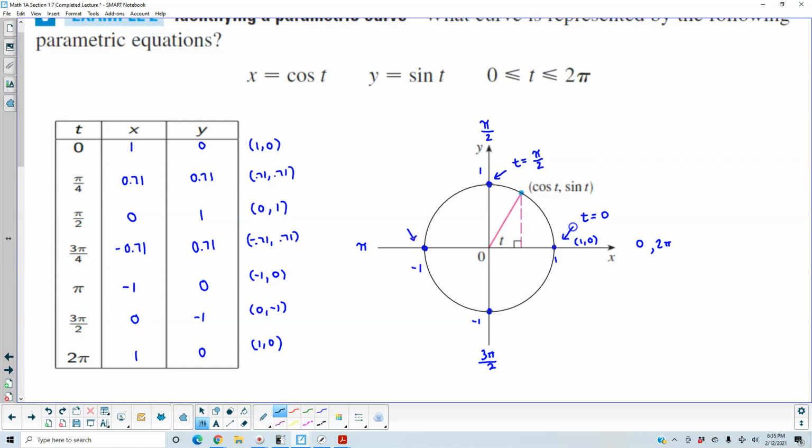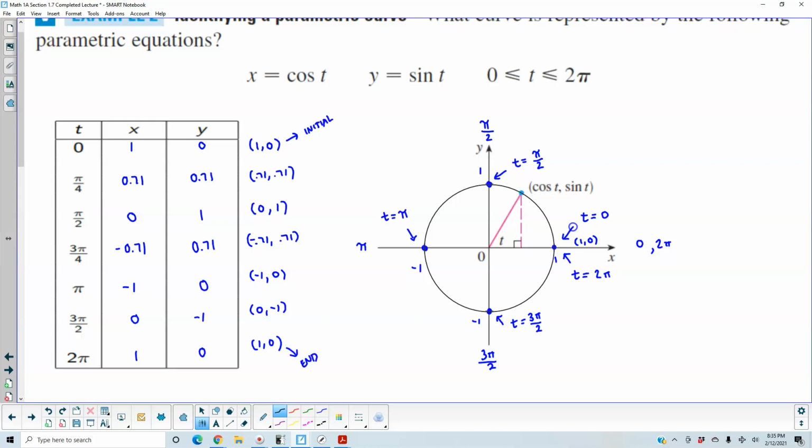At this point here, we know that t is equal to pi, because that is negative 1, 0. And this point here is t equal to 3 pi over 2. And then coming back here, we know that t is equal to 2 pi. So this 1, 0 represents our initial point. This is our ending point.